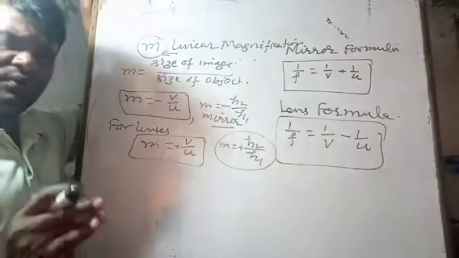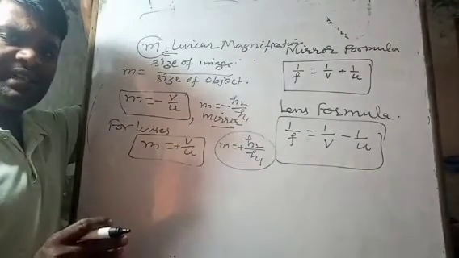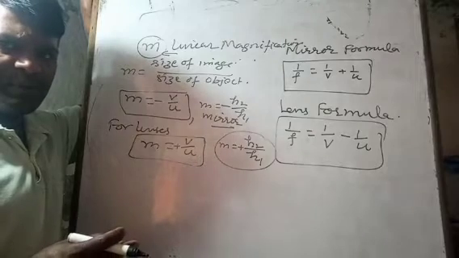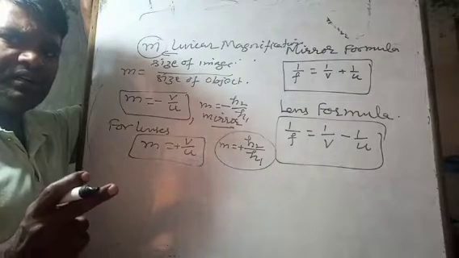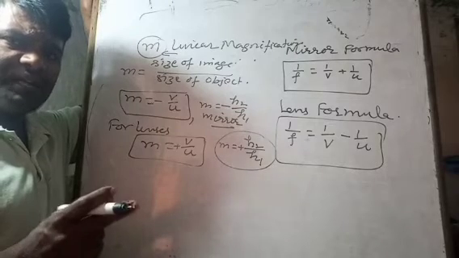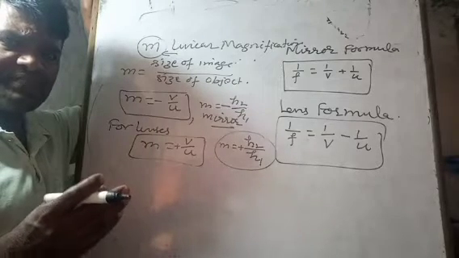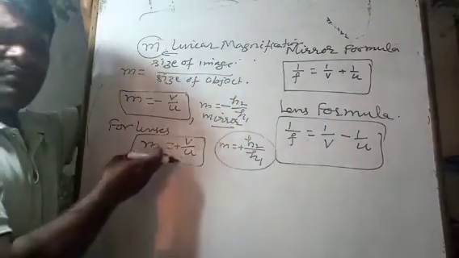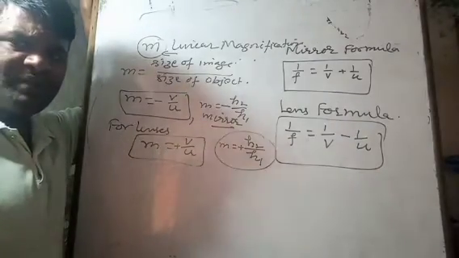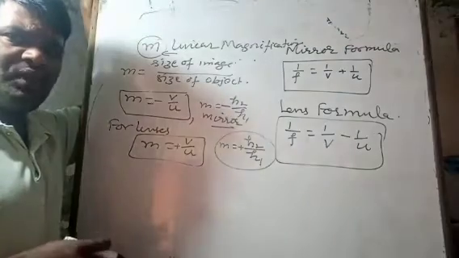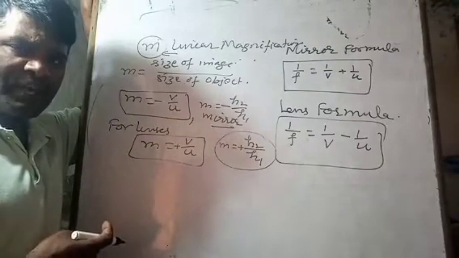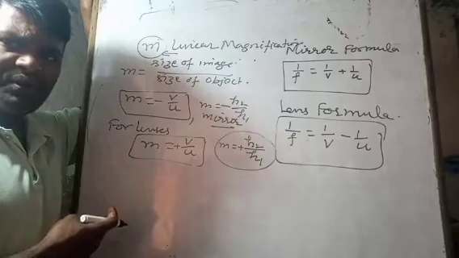Here you just forget what was there for convex lens and what was there for concave lens. A convex lens gives us a real as well as a virtual image, so this magnification may change accordingly. For a real image it is going to be negative, and for a virtual image it is going to be positive.